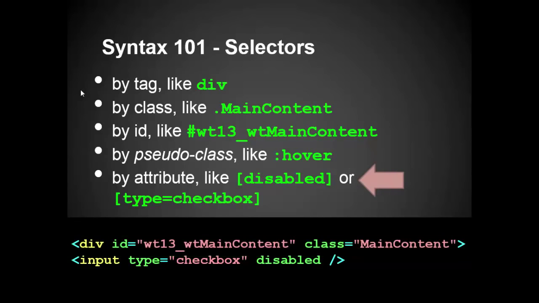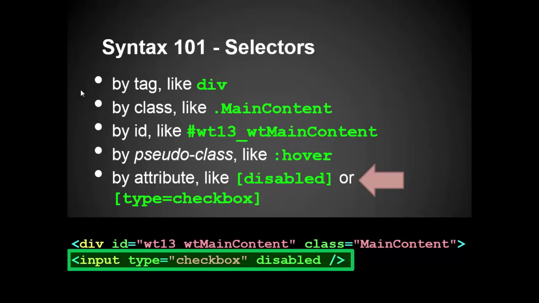Additionally, we can have selectors by attribute, in which we select a given element depending on the given attribute, so HTML attributes. And this is useful, for example, for using the disabled. In this case, we are selecting the input, but we can even create our own attributes. Like in the platform, we can go to the extended properties, create a specific attribute, and use it in the CSS.